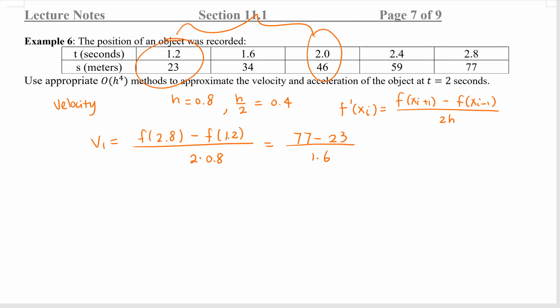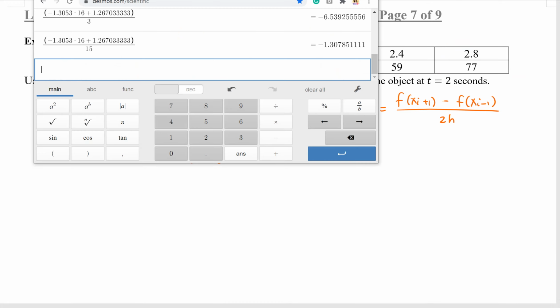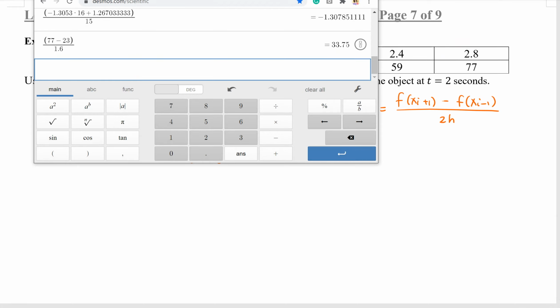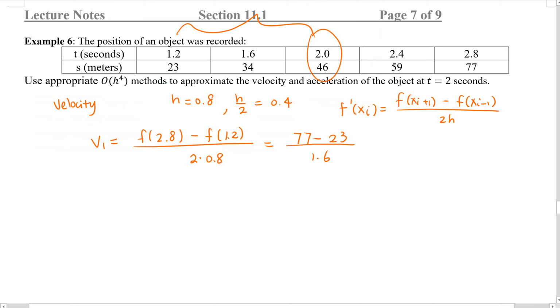Okay, so let's see. 77 minus 23, and then divided by 1.6. 33.75. So this is the first approximation.